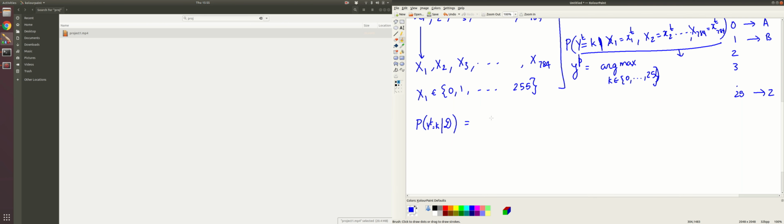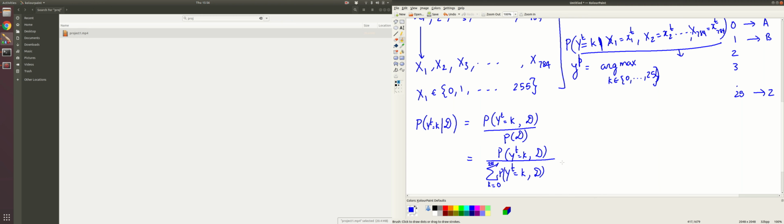From the definition, this is the probability that yt is equal to k and D, divided by the probability of D. If you want to write a few steps, D can be got by taking all possible values of k, k being from 0 to 25, basically a to z; you can test all possible values.